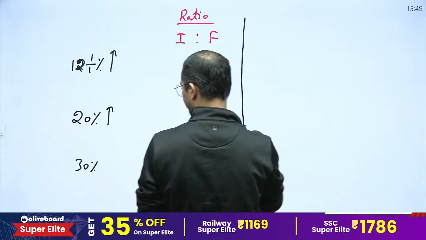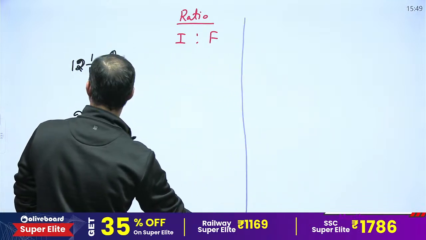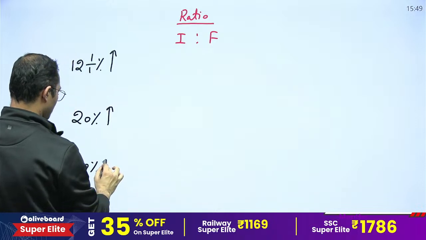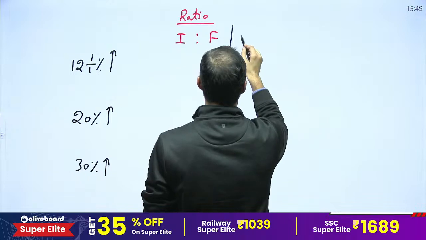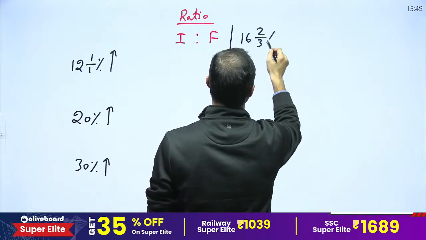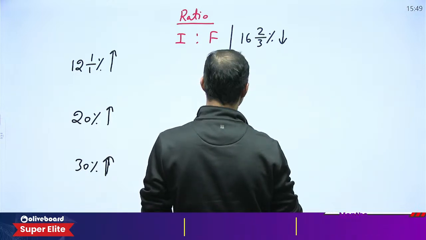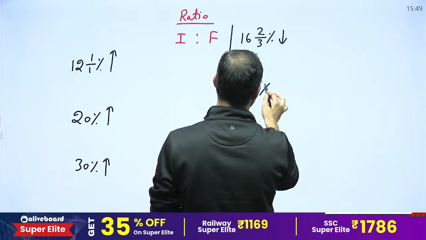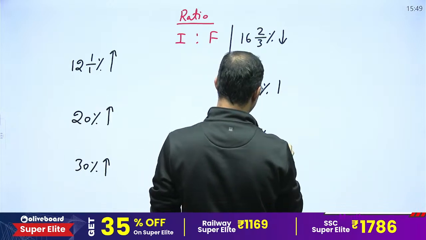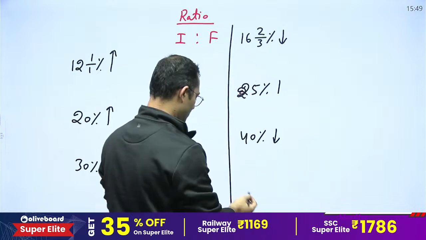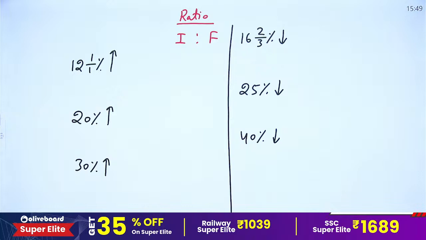And then, 16 whole 2 upon 3% decrease, 25% decrease, and 40% decrease. Just create the ratio. So what would be the ratio, please?